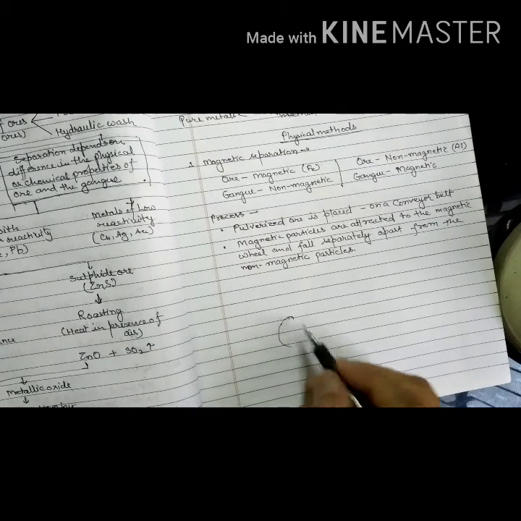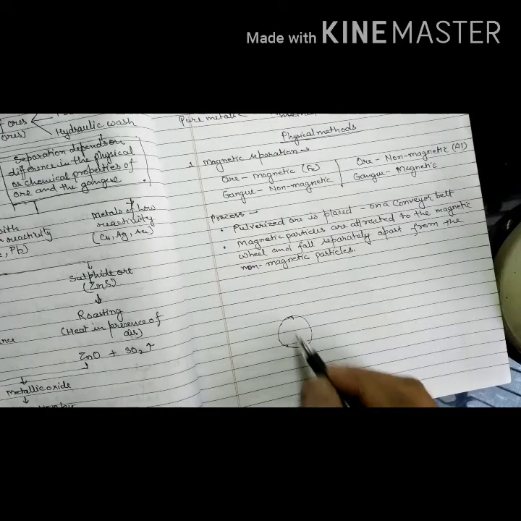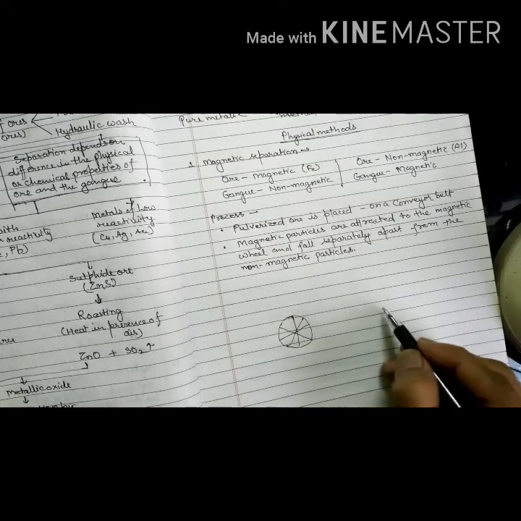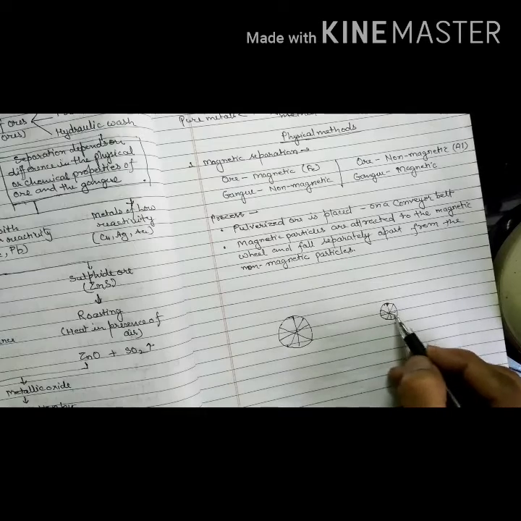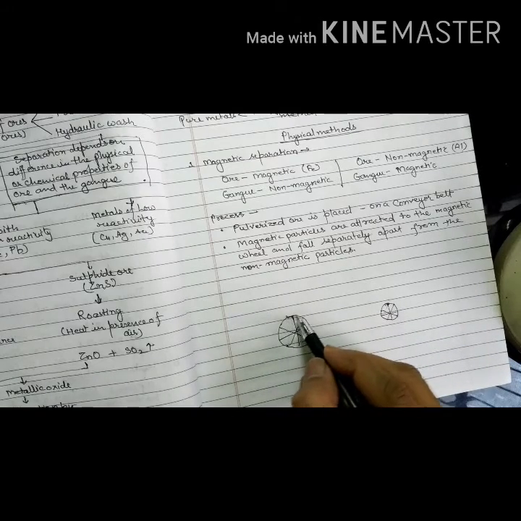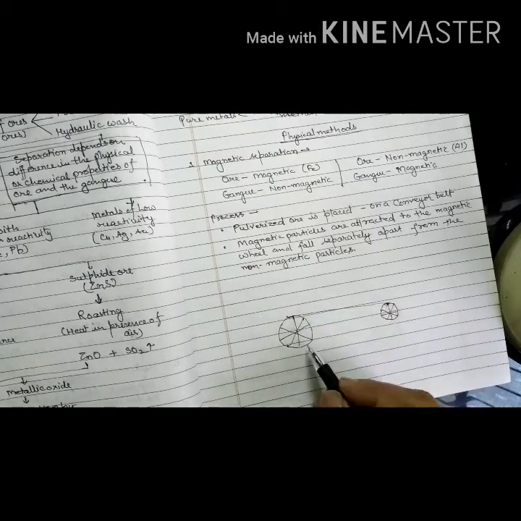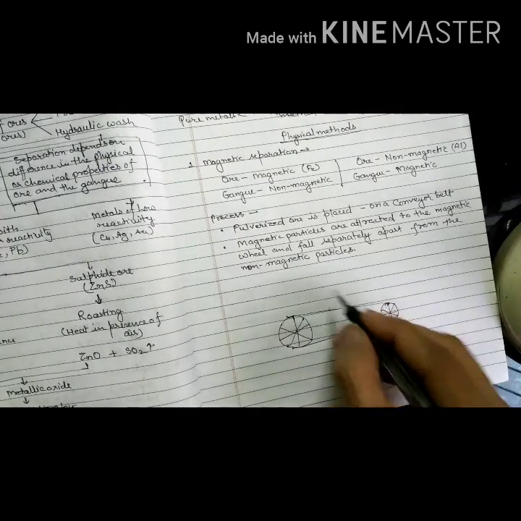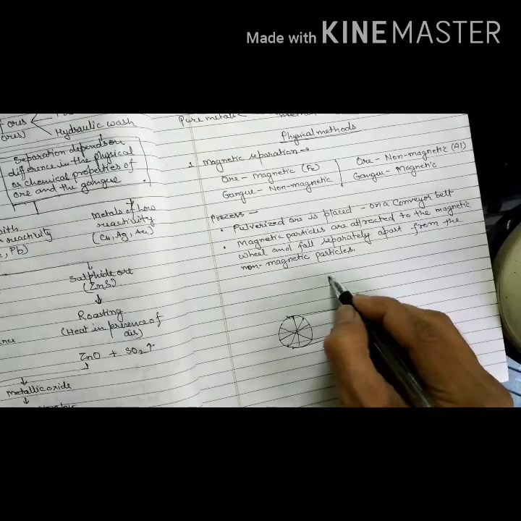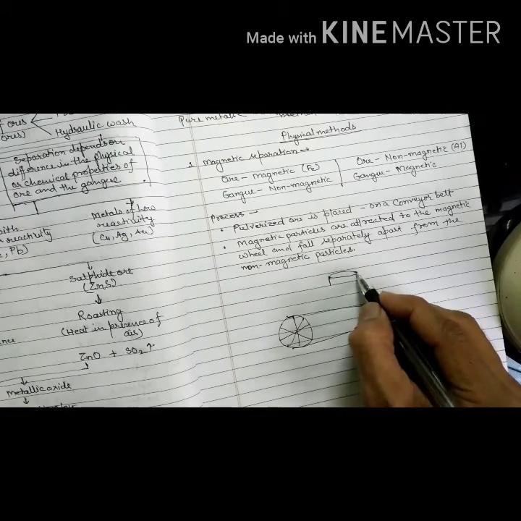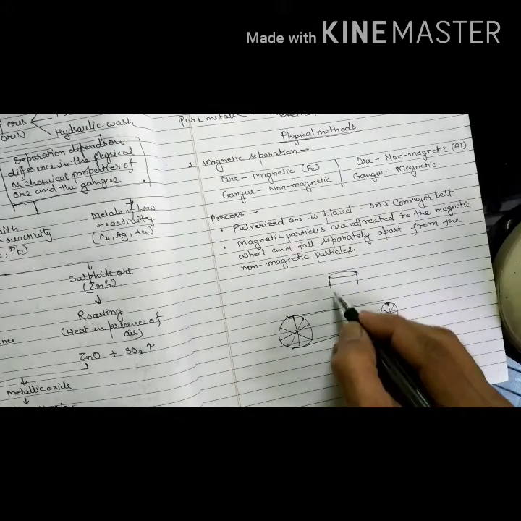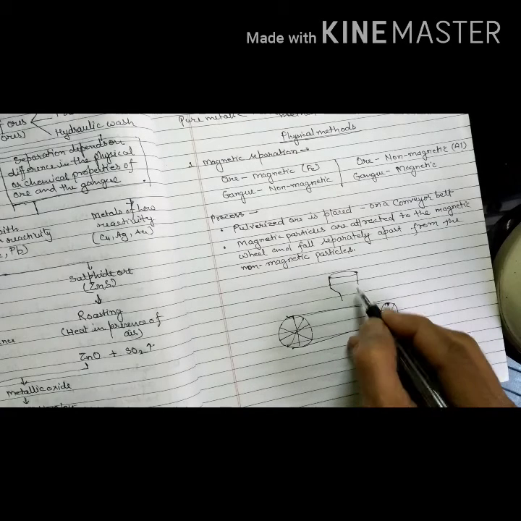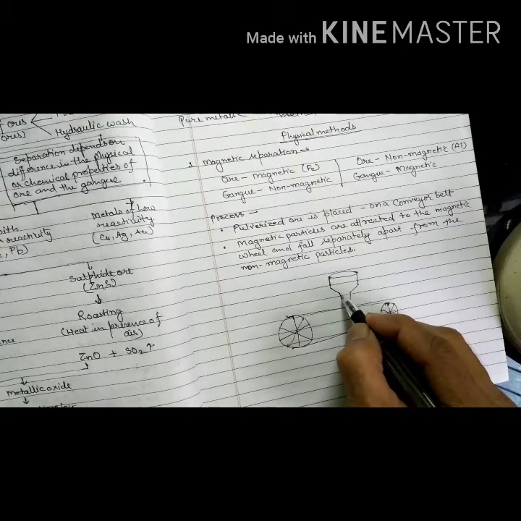There are two wheels, and on which a conveyor belt is mounted. This is the pot through which we pour pulverized ore on the conveyor belt.